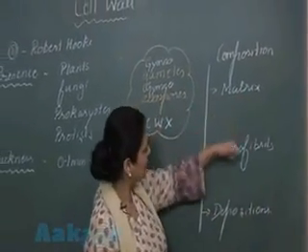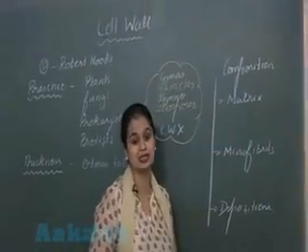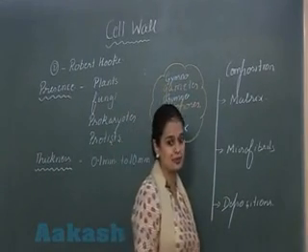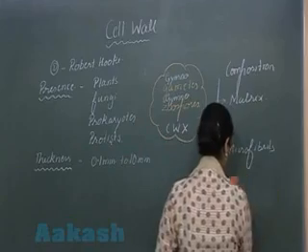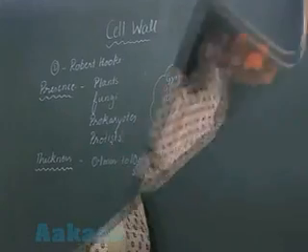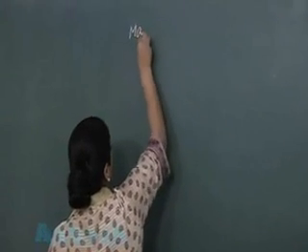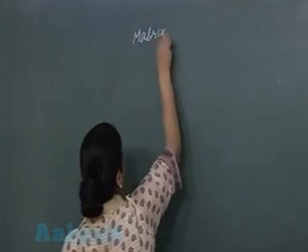So these are the 3 components which are associated with the cell wall. Now I will be dealing with these components in a little bit of detail. So let's start with the first component, that is matrix.